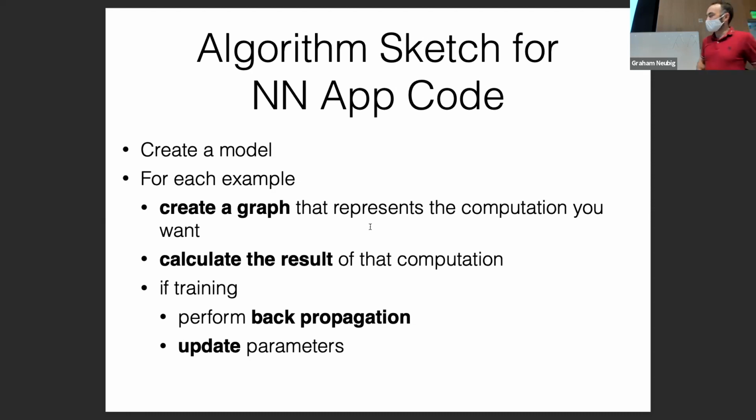So basically, you can have static and lazy, dynamic and lazy, dynamic and eager. The top one is things like TensorFlow 1.0, Caffe2.